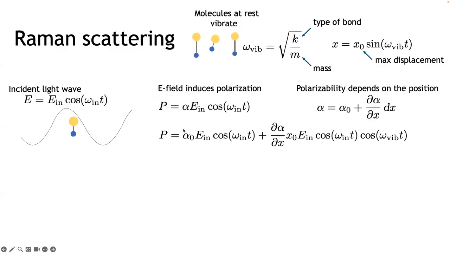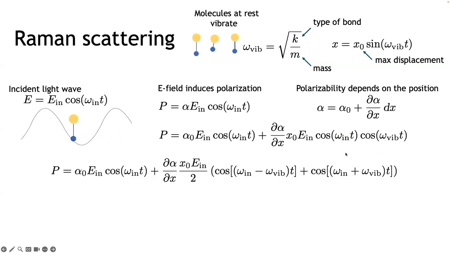So we can expand the polarization into this expression, where we have here a term that's being driven at the frequency of the incident light, and then this more complex term that we can use our trigonometry from high school and break it up into these two terms that give us the difference of frequency between the natural vibration frequency and the incident light frequency.